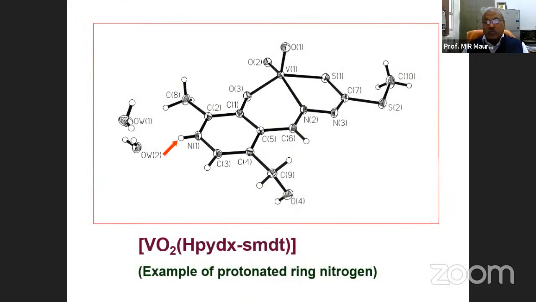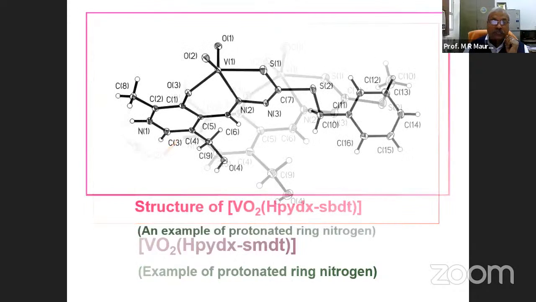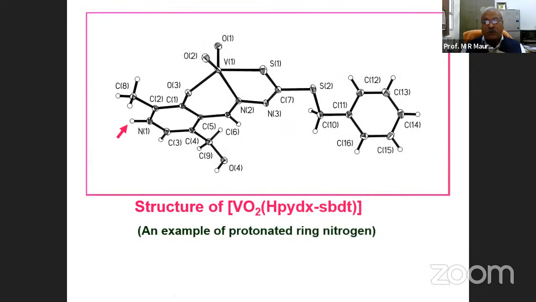So to prove it, we tried to grow crystals of this one, and you will see that the pyridine nitrogen is actually protonated, not the azomethine nitrogen, which is what should be at this point. Okay. And in the same way, in another example of the same series, you find that this nitrogen was protonated, and that was the reason we could get the neutral dioxo species.